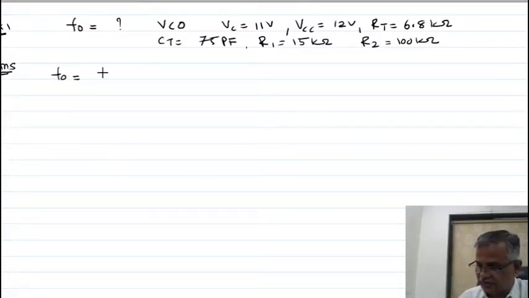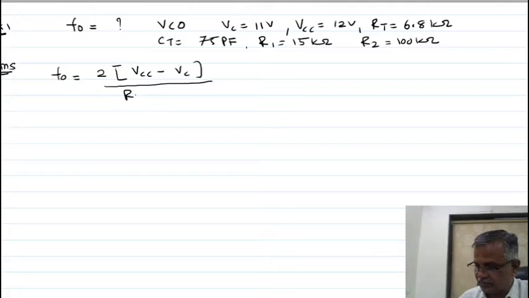The frequency of oscillation is given by this formula. We have derived these equations in the last lecture. I am just putting the value of the parameters.